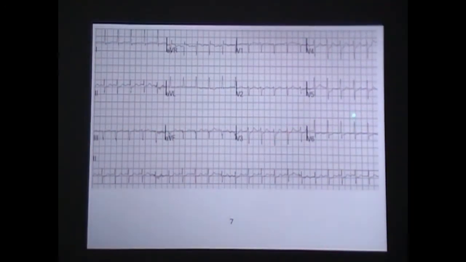Depending on their clinical presentation, could this be a strain pattern? If they look sick, act sick, smelled sick, would I treat them as sick? I would, because it's progressing on to V3 through V6. But if it's just V5, V6, and they didn't smell sick to me, my spidey senses, as I call them, weren't tingling, then I would be less inclined to have a high index of suspicion. So to me this is sinus tach with a strain pattern.